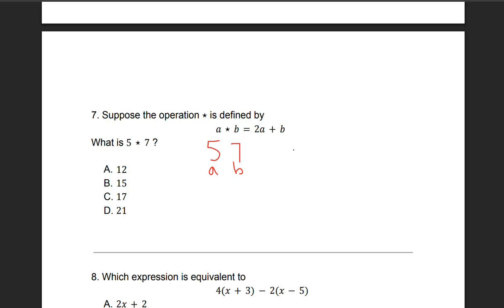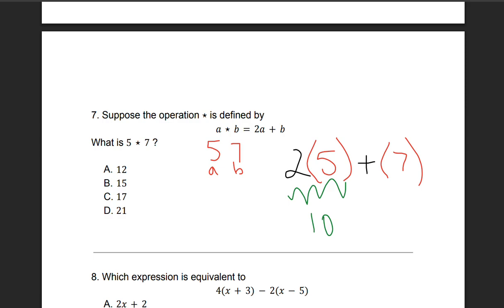Keep the 2. Now that I have an A, I replace with parentheses. A is 5. Then plus B. Well, again, I have something to plug in for B, parentheses 7. Just like the previous problem, we need to simplify this out. Evaluate. 2 times 5 will give us a 10.